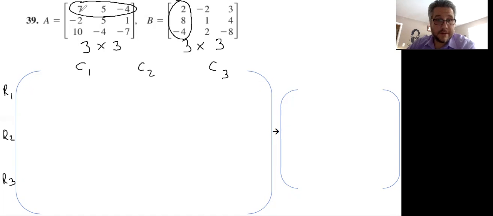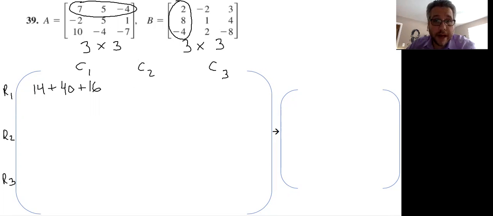So we have 7 times 2 is 14, plus 5 times 8 is 40, plus -4 times -4 is 16. Okay, that was row 1 times column 1.